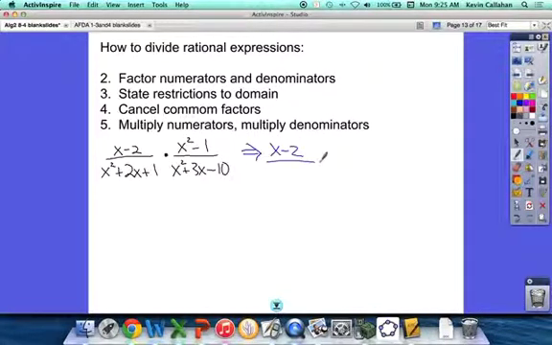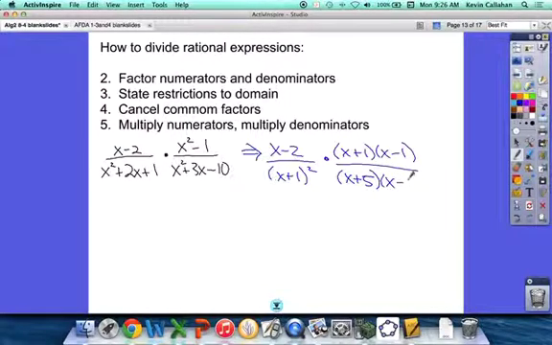X squared plus 2x plus 1 is x plus 1 squared, times x squared minus 1, difference of squares, say it, x plus 1 times x minus 1, and x squared plus 3x minus 10 is x plus 5 times x minus 2. Right, that's the factor part.